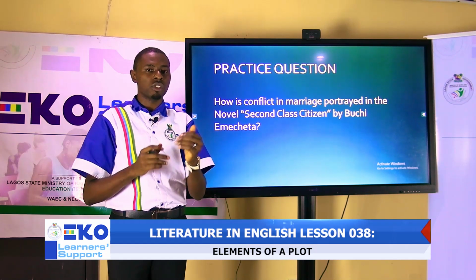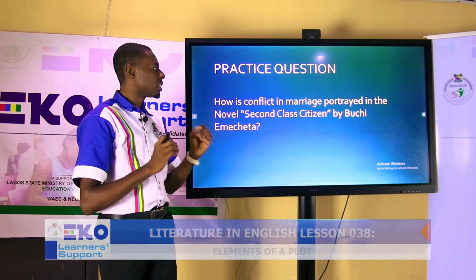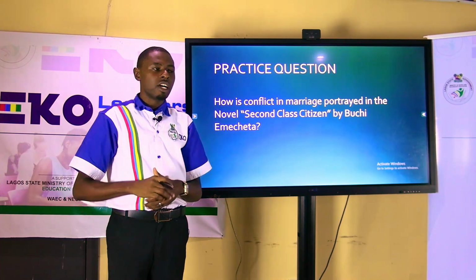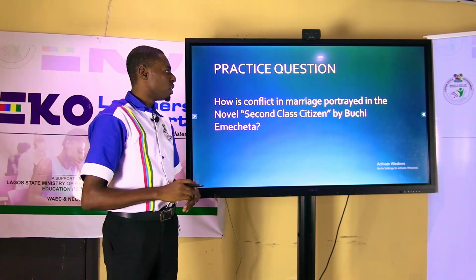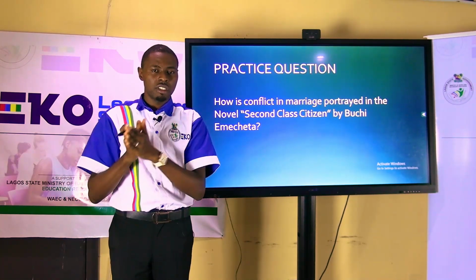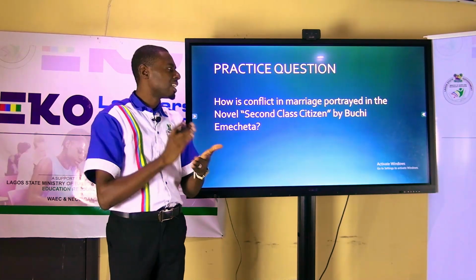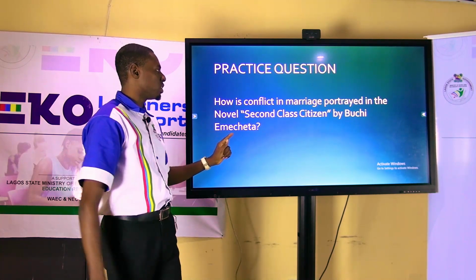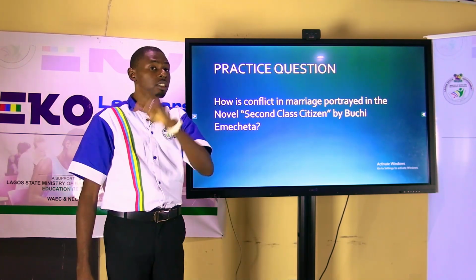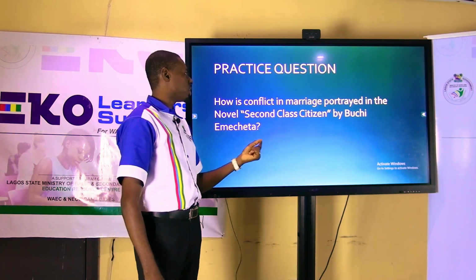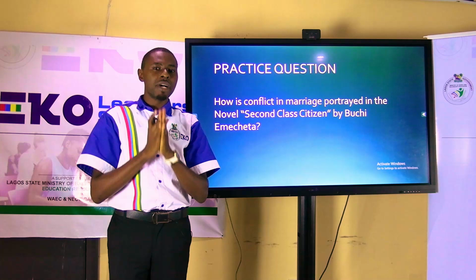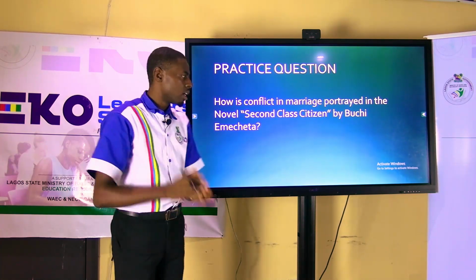Then you go ahead to talk about the central themes of this novel. Now, after mentioning the themes of the novel, it is important for you to identify those areas of conflict in Ada's marriage. Please do not miss out the key words. They said, how is conflict in marriage, not in the text, but in marriage, portrayed in the novel? So it means that we are looking at the marriage of people, specific marriages.